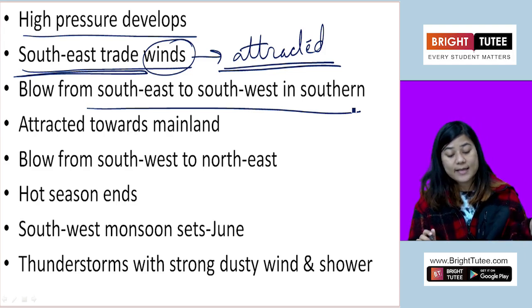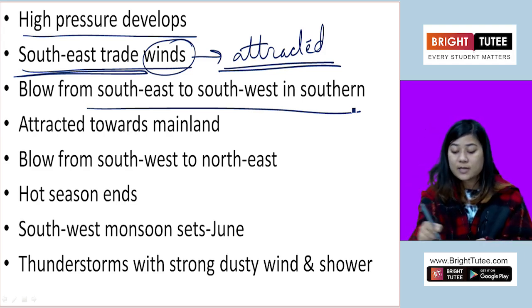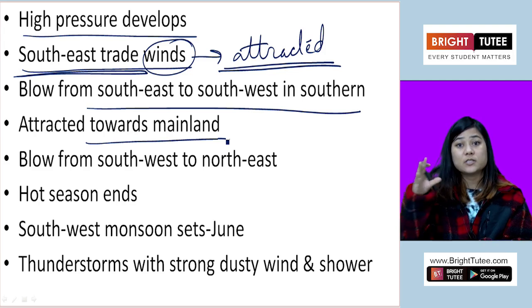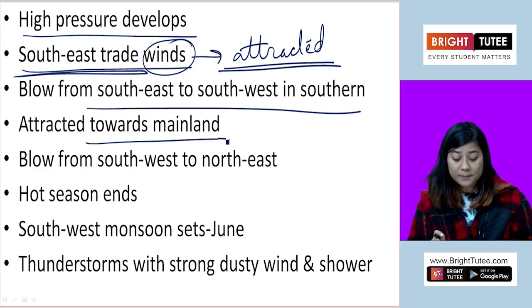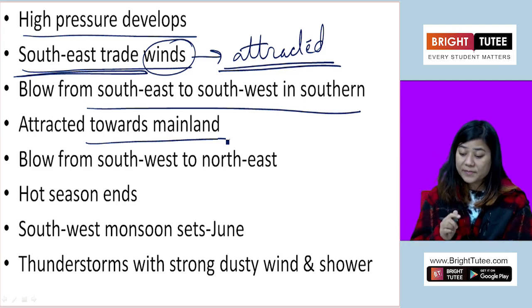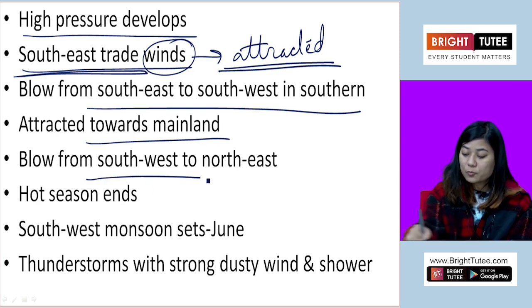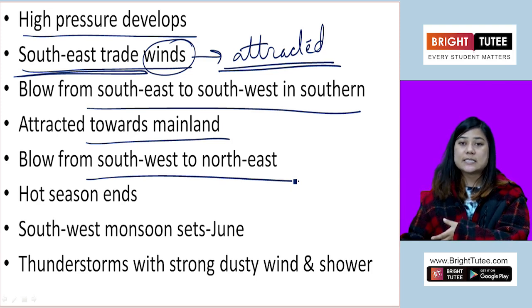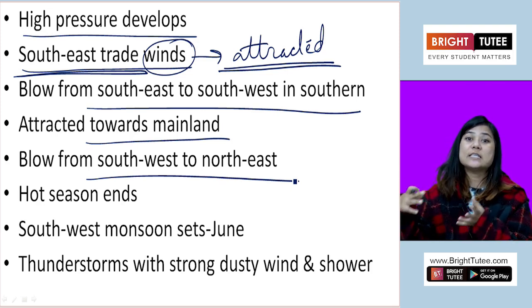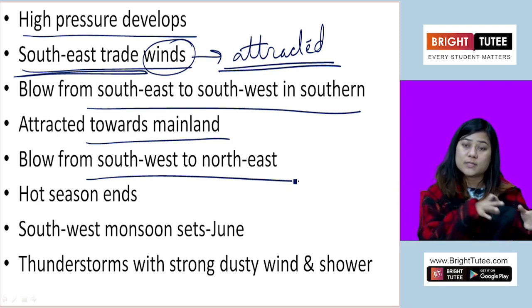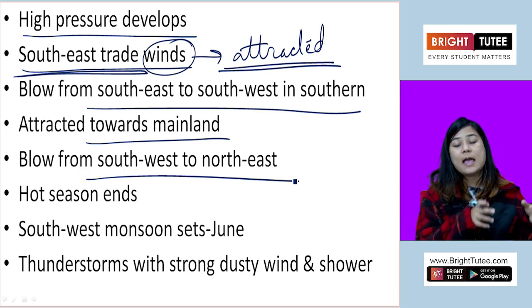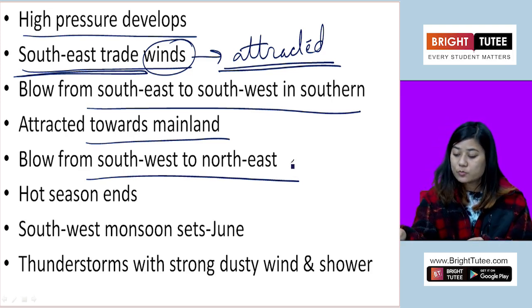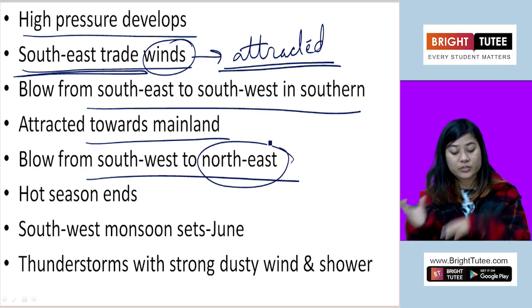Okay, and then it goes towards the mainland, which is towards the northern part of India, and from there it blows from southwest to northeast. So the southeast trade wind blows towards the southwest, and from the southwest it moves towards the northeast.